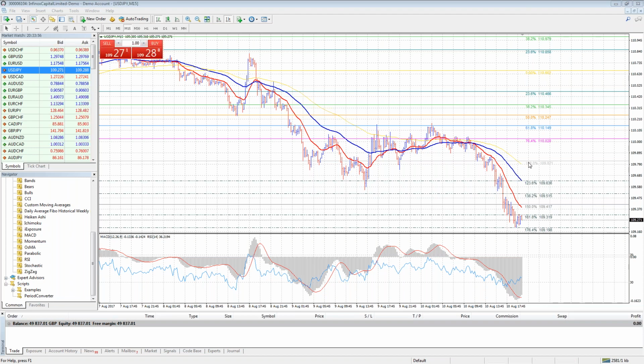Now, okay, so that is dollar yen. Let's have a look at one or two other markets. I just want to say, first off, that the dollar has hit some resistance. So there was an article earlier on forexlive.com, the website that we use for the economic calendar.